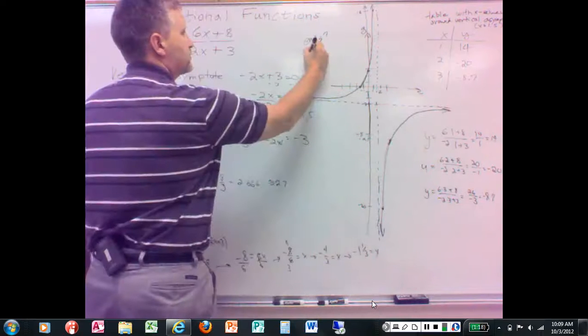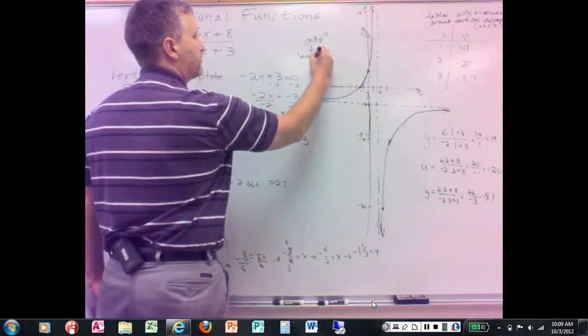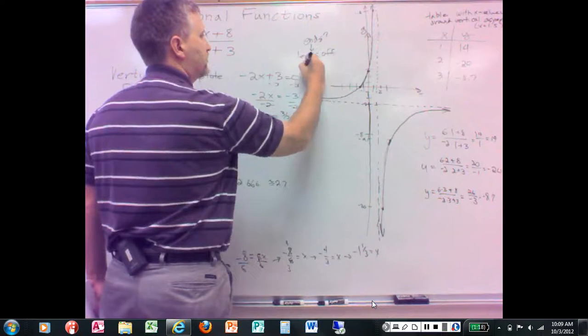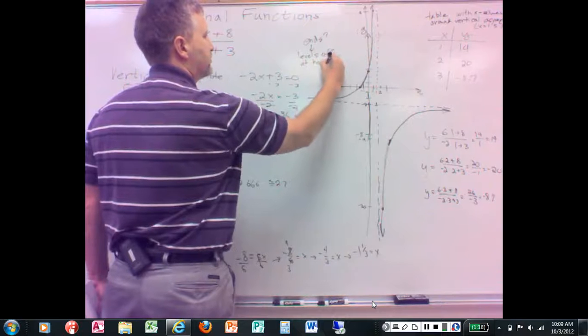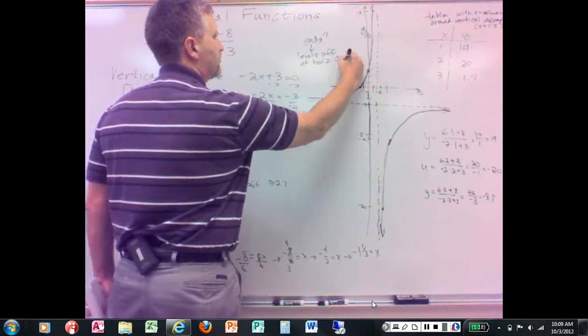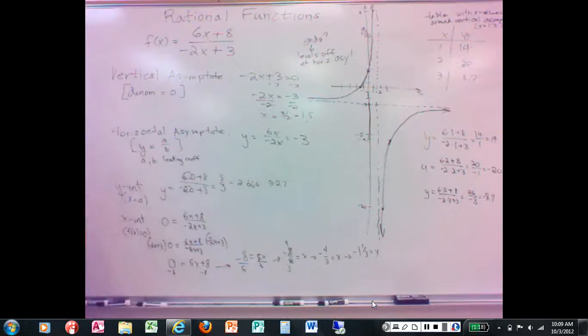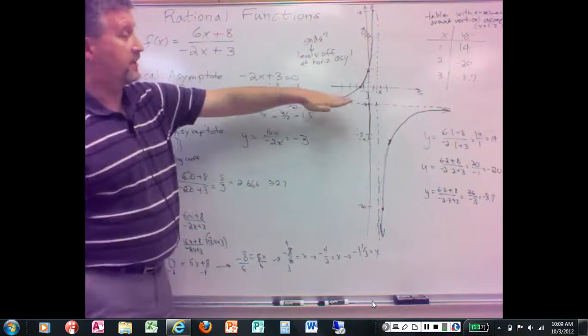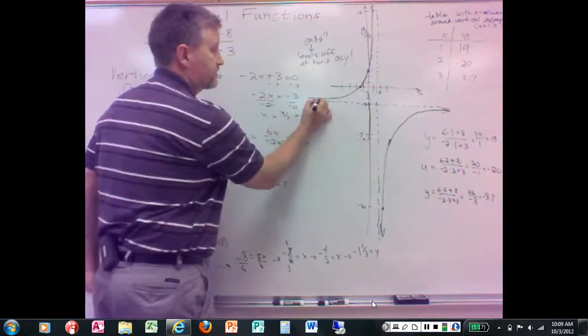So the ends will always level off at your horizontal asymptote on both sides for ones like this. That's the way a rational function of this sort works. They level off, and they get closer and closer to it.